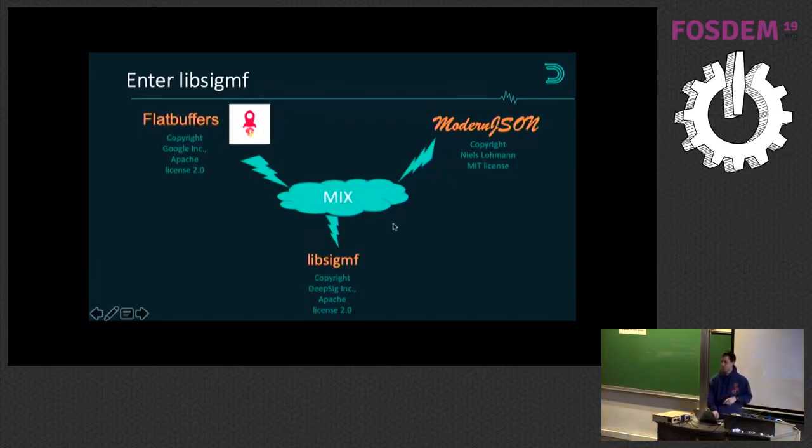It squashes FlatBuffers and Modern JSON together. FlatBuffers is just another sort of class generator. It's kind of like protobuf, but it's laid out differently in memory, and it has some other nice features.